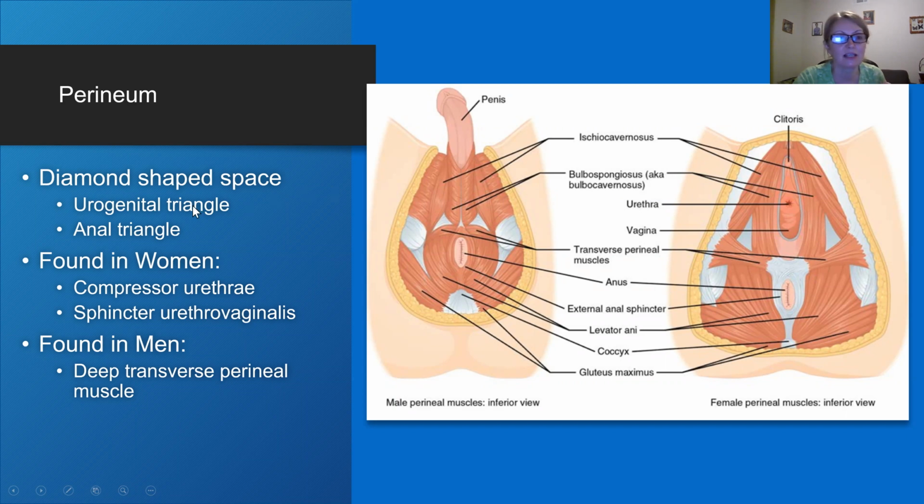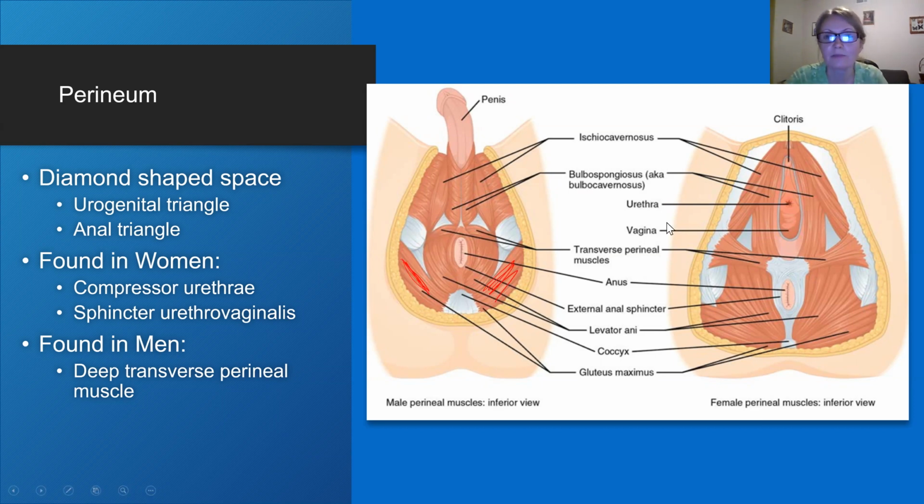It's actually the diamond-shaped space that goes from the anus towards the external genitalia, right? So it includes urogenital triangle over here and anal triangle. So you can see even here, it's interesting, gluteus maximus. You can see over here, right?